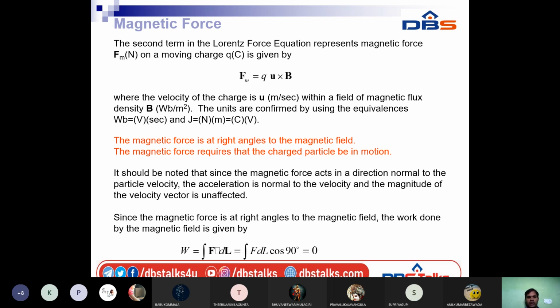The work done W is equal to the work done by the magnetic field, W is equal to the applied force on a line, so that is F dot dl. The force is always lying at 90 degrees to the field, so that is why the work done is equal to the integral of F dot dl into cos 90 degrees, right?